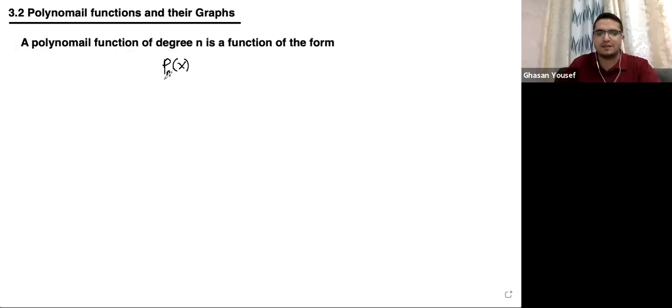This n means the degree of the polynomial function. So p n of x equal a n x to the power n plus a n minus 1 times x to the power n minus 1 plus dot dot dot plus a1 x to the power 1 plus a0.